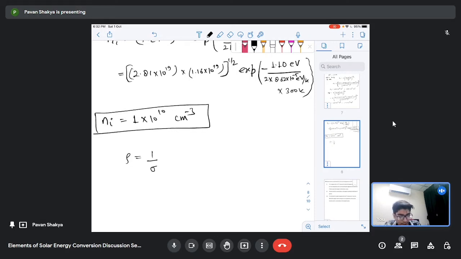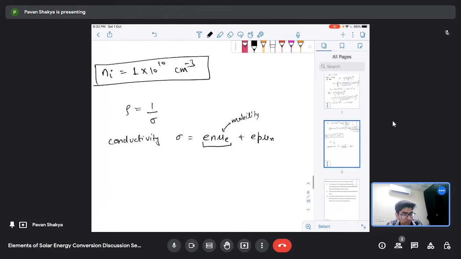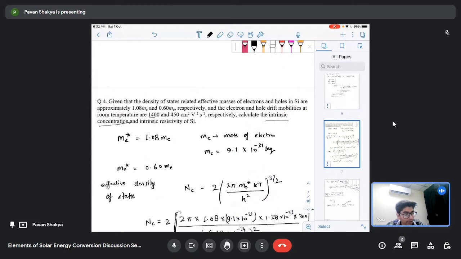For the semiconductor, we can compute the conductivity sigma as the conductivity for the electron plus the conductivity for the hole, where mu is the mobility, and it is given in the problem: 1400 for the electron and 450 for the hole.